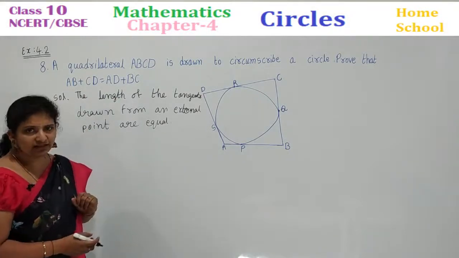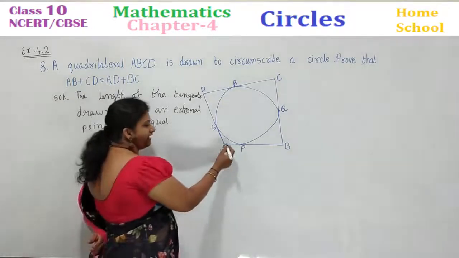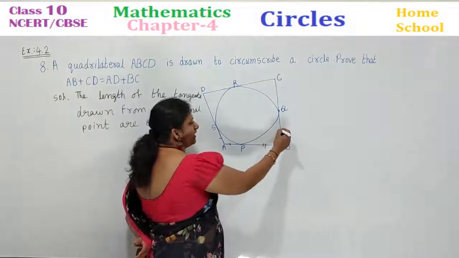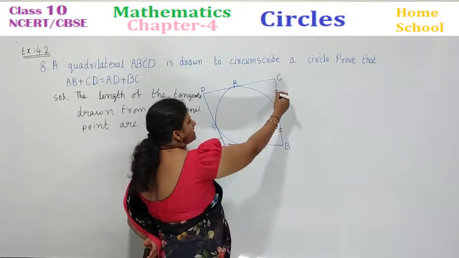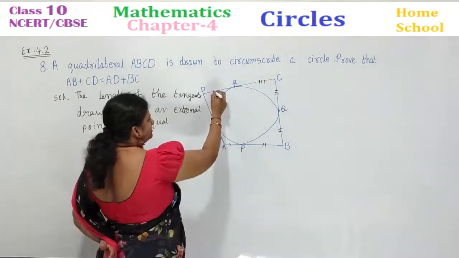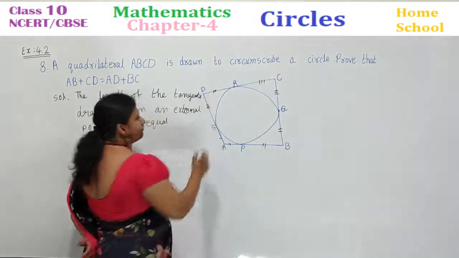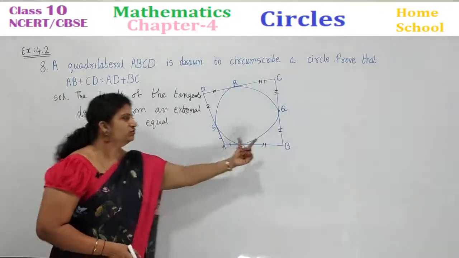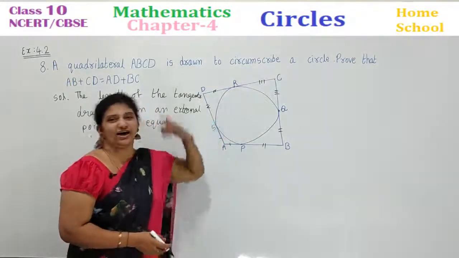Which tangents' lengths are equal, children? If I consider A, these two are equal. If I consider B, these two are equal. If I consider C, these two are equal. And again, let me write 4, we can't write 4, right? Just imagine these two are equal.